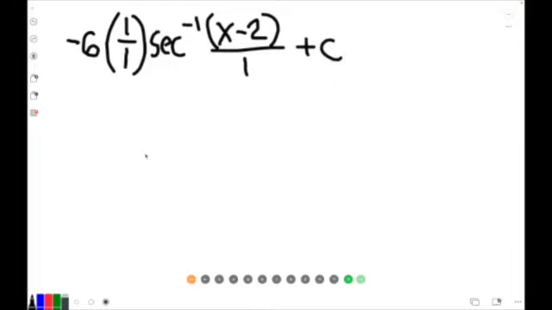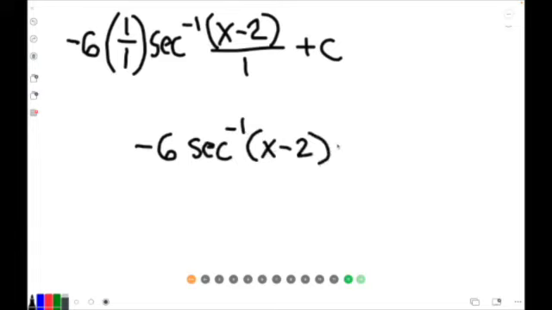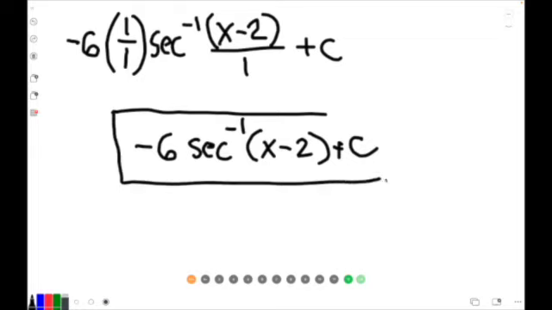So to simplify, our answer is negative 6 arcsecant of x minus 2 plus constant of integration c. Okay, so this is the answer for this particular problem.